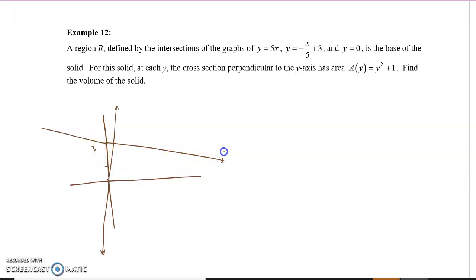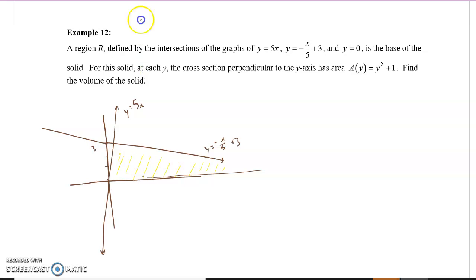So this is y equals negative x over 5 plus 3. This is y equals 5x. The line y equals 0 is the x-axis. So we've got this triangular shape that represents our base.